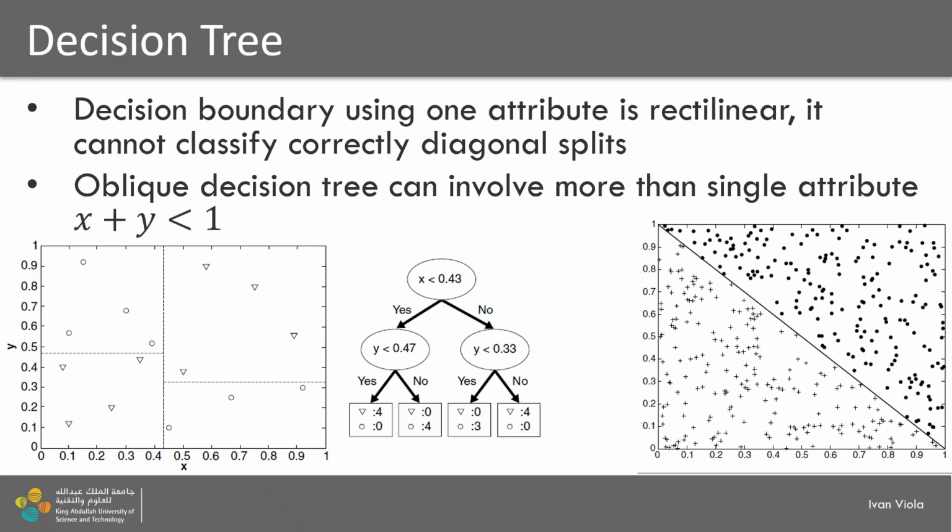One aspect which is important and relates to our previous discussion of the KNNs, where the nearest neighbor, one-NNs, were having as their decision boundary the arbitrary geometry of this Voronoi tessellation. In case of the decision boundaries of decision trees, we can see that we have just rectilinear boundaries.